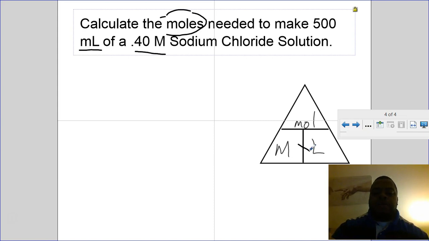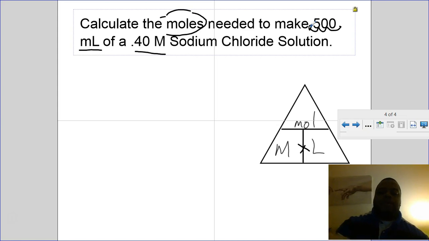So we have molarity times liters will give us our moles. But we have one other problem. Our volume is given in milliliters and not liters. If you remember in the previous video, I told you the way to change it from milliliters to liters is same as dividing it by 1,000. So moving the decimal place here at the end 3 places to the left.